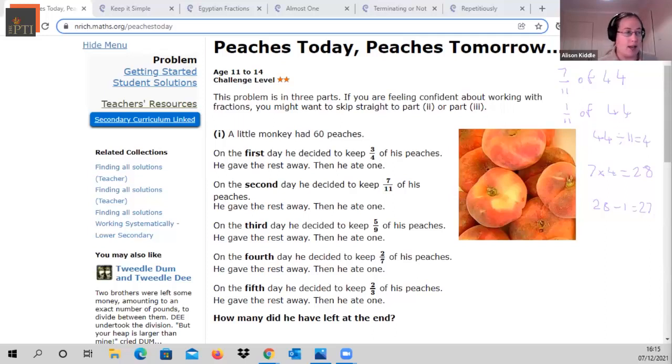And at the time when they first meet the idea that 7/11 of 44, sharing 44 into 11 equal parts and taking 7 of them, gives the same answer as taking the number 7/11 and multiplying it by the number 44, that is actually a massive concept.